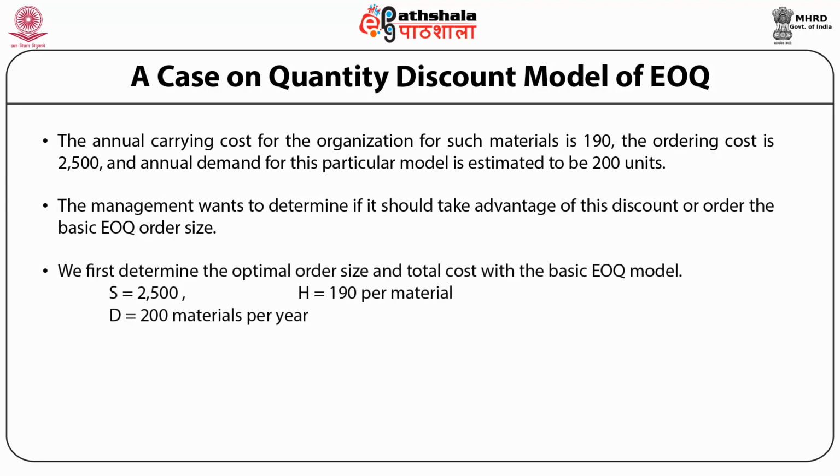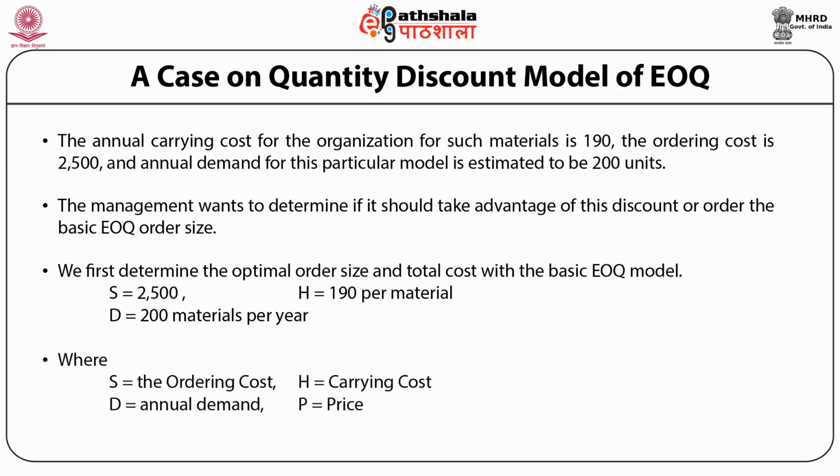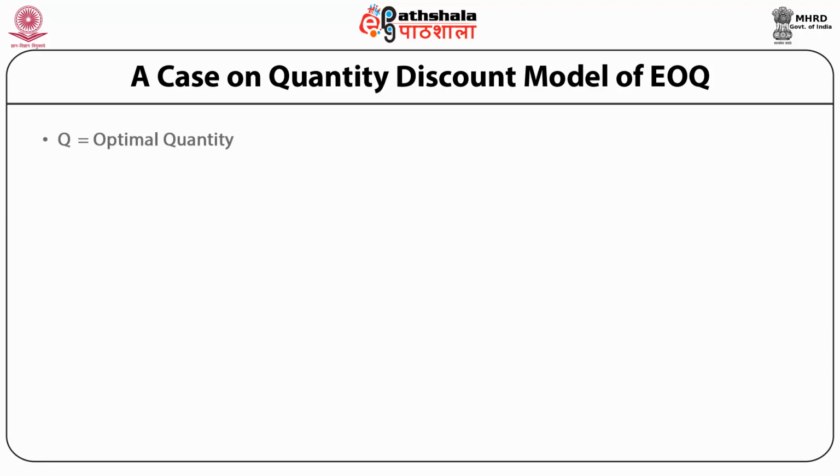We first determine the optimal order size and total cost with the basic EOQ model. S equals 2500, H equals 190 per material, D equals 200 materials per year, where S is the ordering cost, H is the carrying cost, D is the annual demand, P is the price, and Q is the optimal quantity.